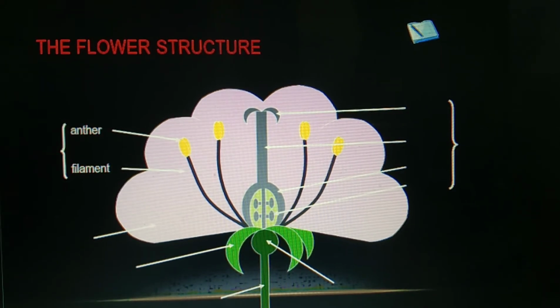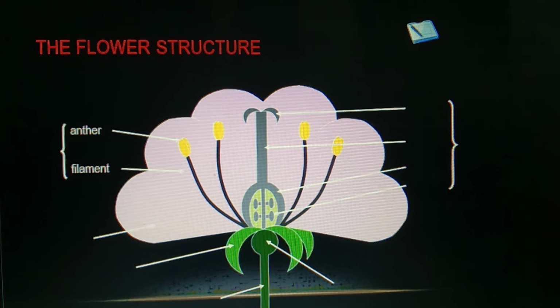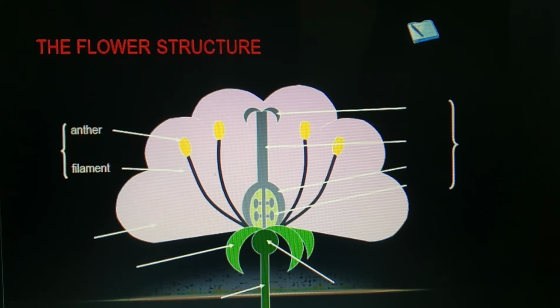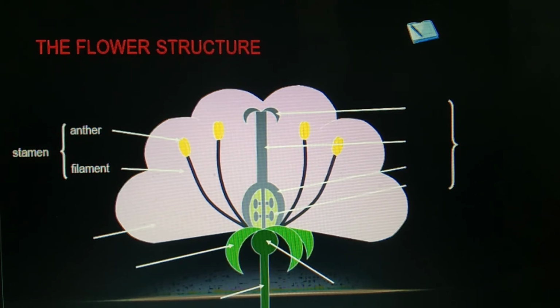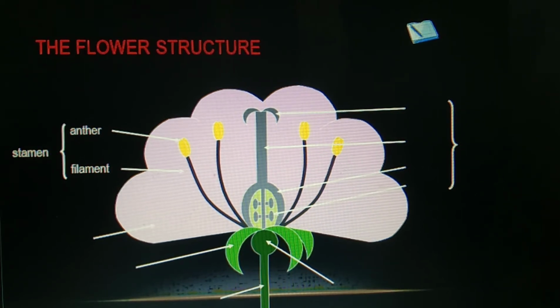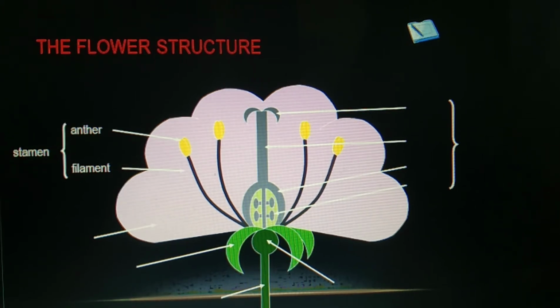The filament is the thin tubular part of the stamen, and it holds the anther in a position tall enough to release the pollen. The stamen is the male part of a flower that consists of the filament and the anther, as you've seen in the illustration.